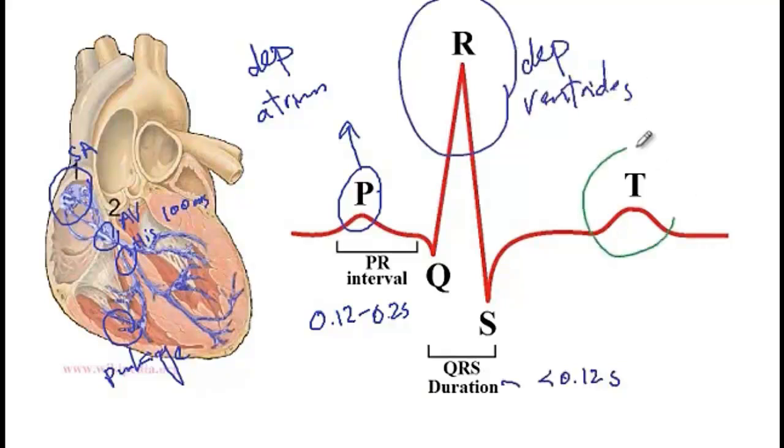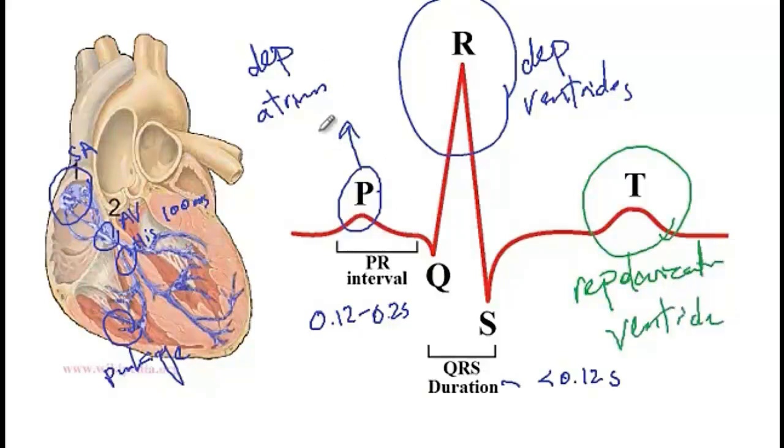And then finally we have the T wave, which corresponds to the repolarization of the ventricles. So we had the depolarization of the atrium with the P wave, depolarization of the ventricles with the QRS, and then finally repolarization of the ventricles with the T wave. Now there is also a wave for repolarization of the atrium, but that overlaps with the QRS, and so you wouldn't be able to see that.